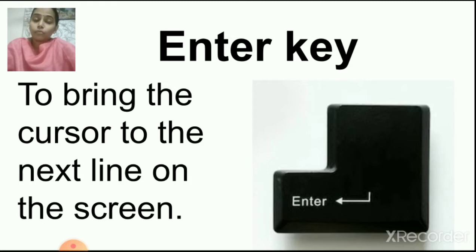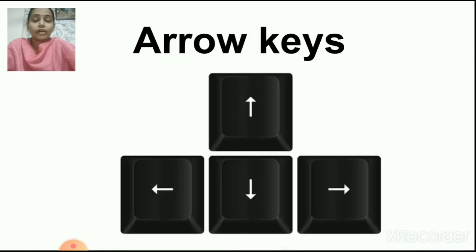And one more key we are going to see, that is, these are arrow keys. See, there are 4 types of arrow keys. 4 arrow keys. You can see on this key, you can see arrow, A-R-R-O-W, arrow on the key.